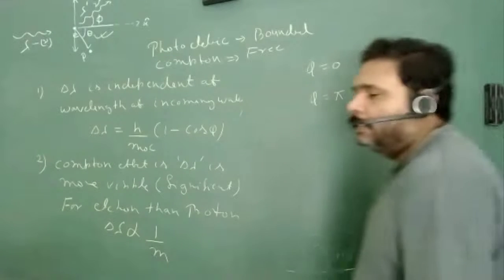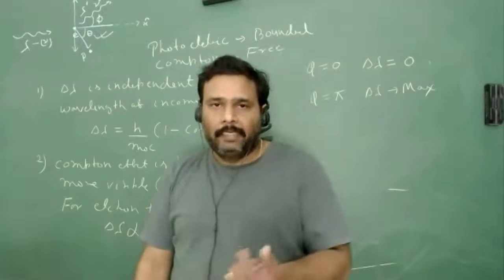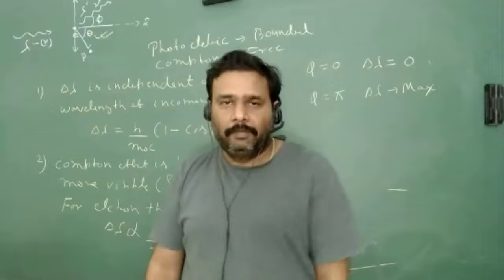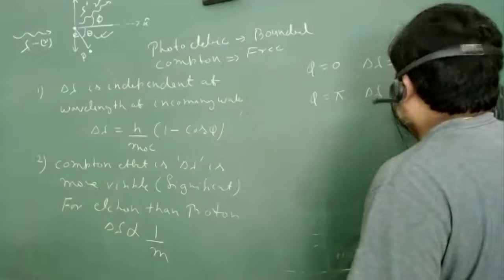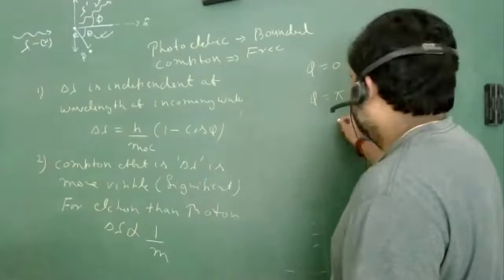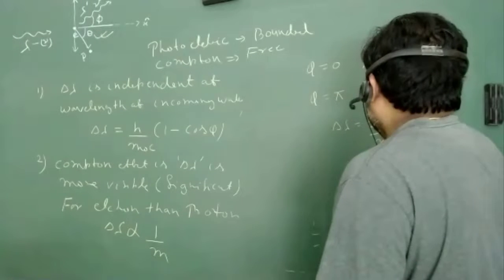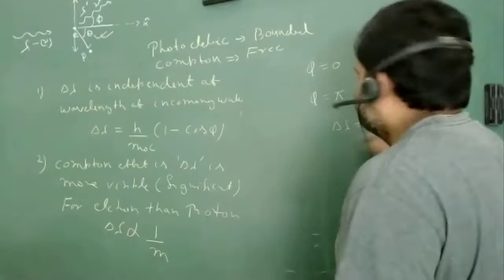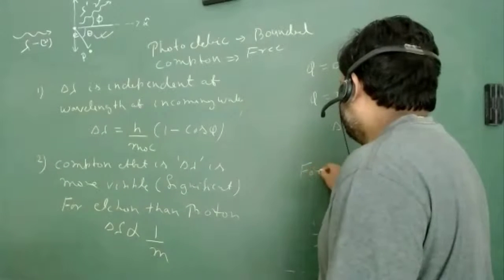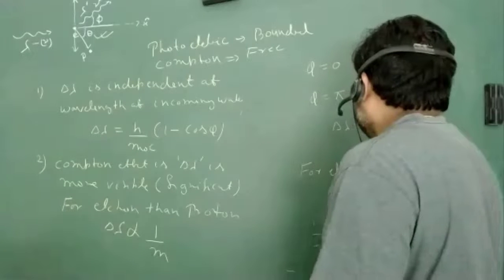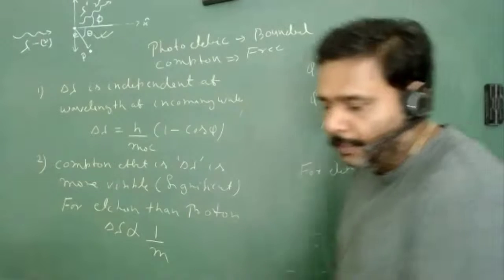Sometimes they will not give phi, they will just say we have the maximum change in wavelength, meaning you have to go for phi equal to pi, and delta lambda maximum is 2h upon m naught c, where m naught is the mass of the electron. For the electron, h upon m naught c has a particular value.